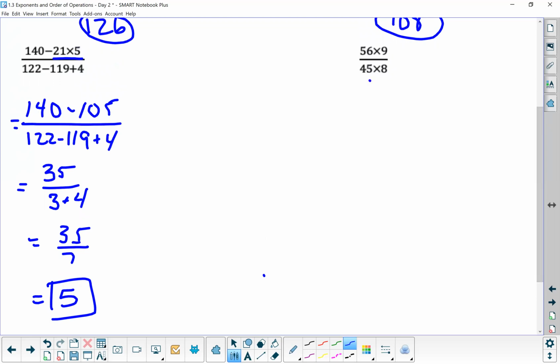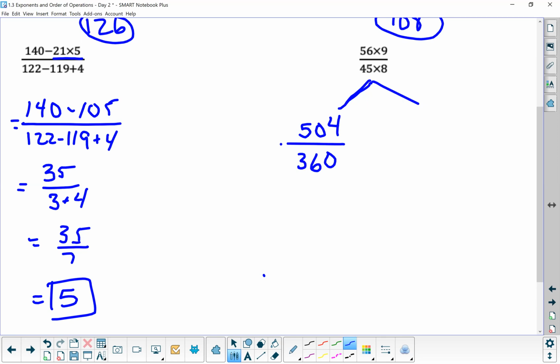The last example, there are actually 2 ways you can do that one. I will show you both. The first method, go ahead and multiply 56 times 9. 504 divided by, multiply 45 times 8, 360, and then reduce.